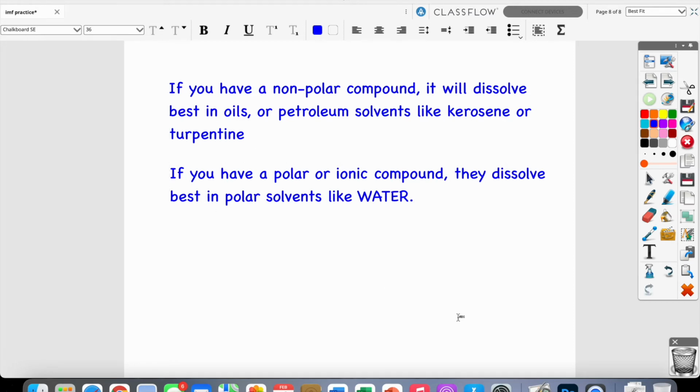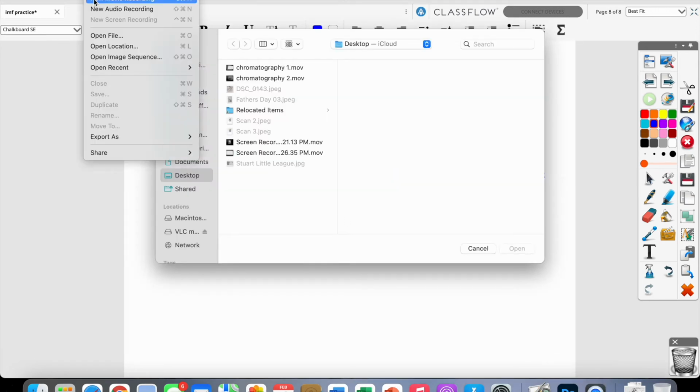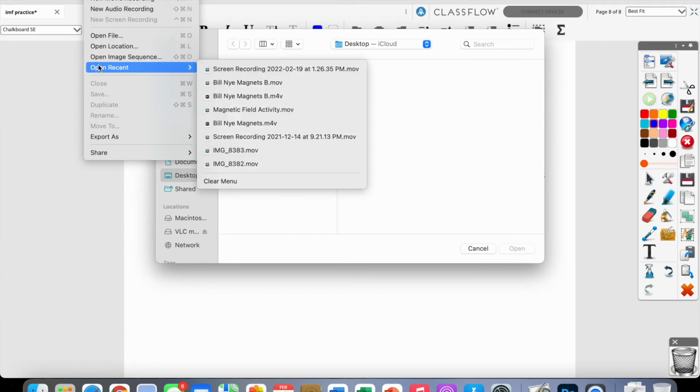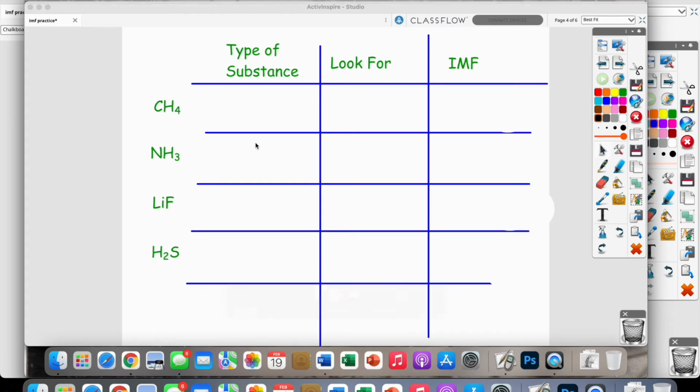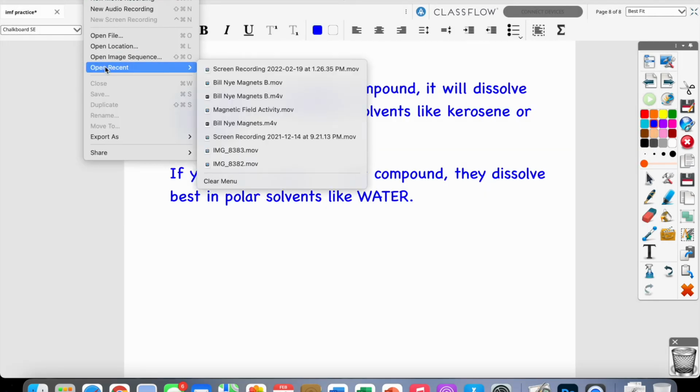Now, we did an activity, and I will open a recording of that activity, and let's see if I can find that. Maybe this is it. No, that's not it. It's called chromatography.